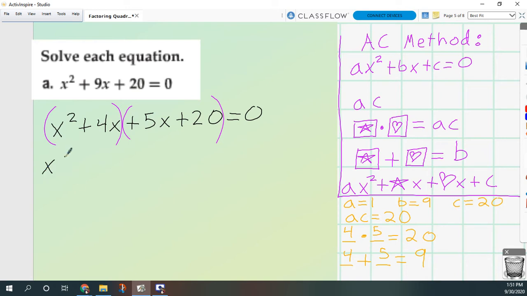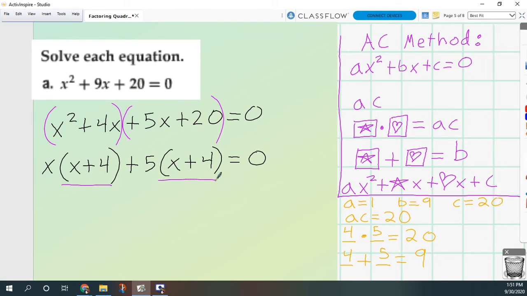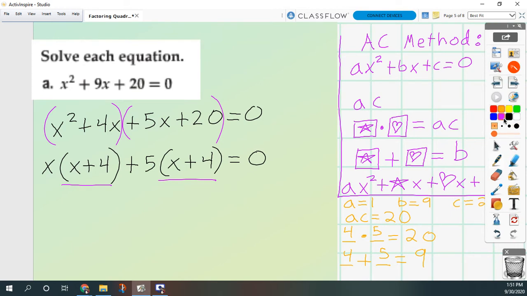Notice that my x squared plus 4x have an x in common. If we factor that out, we'd be left with x plus 4. And then my second group has a 5 in common, so we would be left with x plus 4 as well. As long as we did all of our steps correctly, notice that the stuff in parentheses that I'm left with is the same thing, which is important to note.